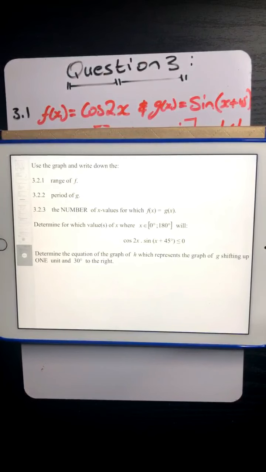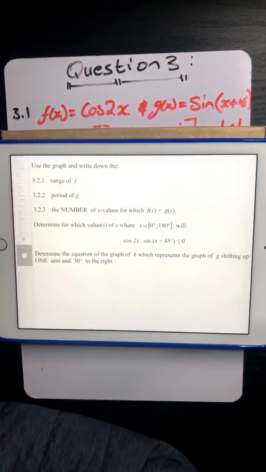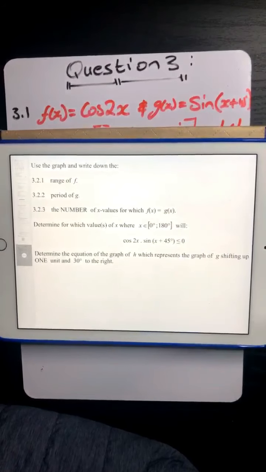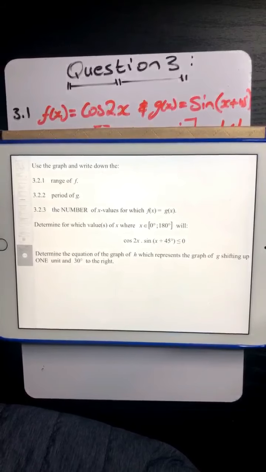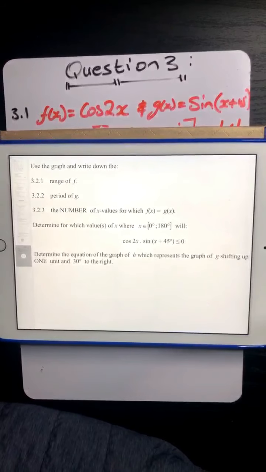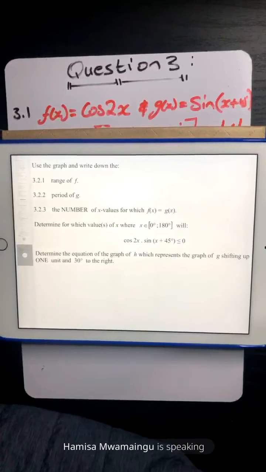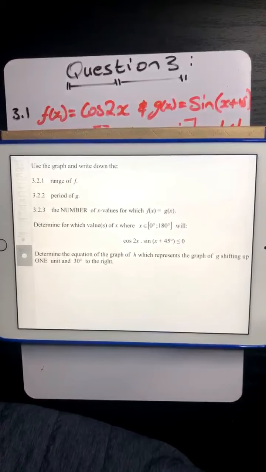Guys, are you still thinking, or have you given up? Or are you busy dancing there? Hamisa, are you thinking or dancing that side? I am lost.